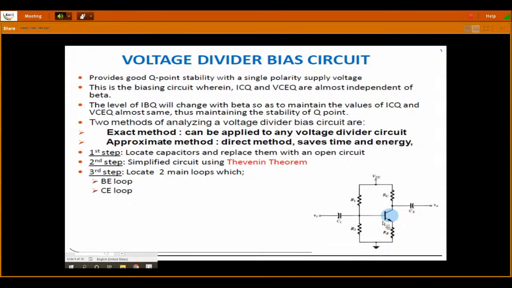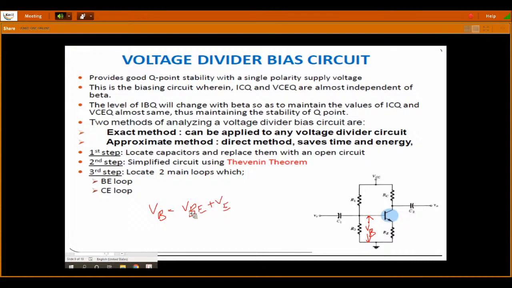So the voltage applied to this transistor, if I treat it as VB, is the base voltage, which equals the base to emitter junction voltage plus the emitter voltage.